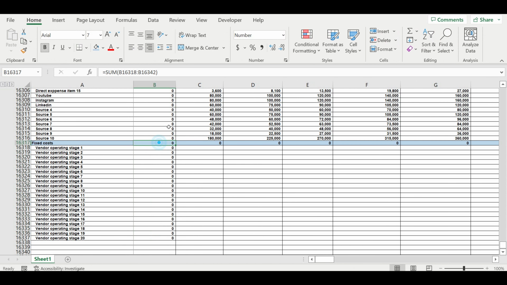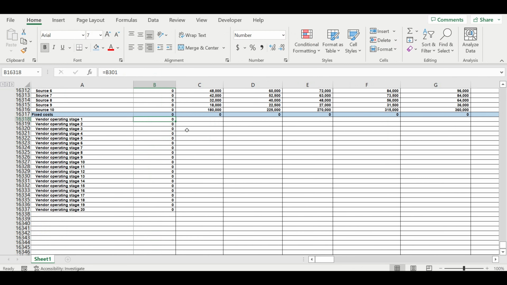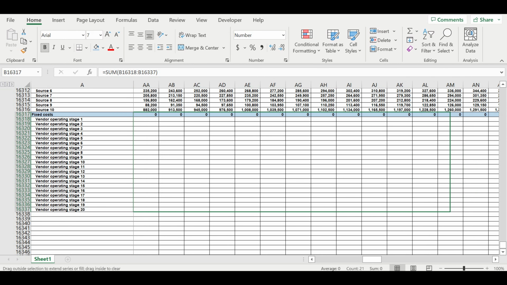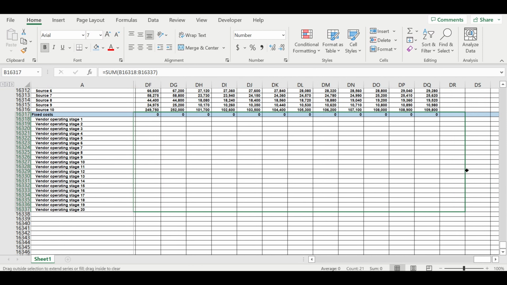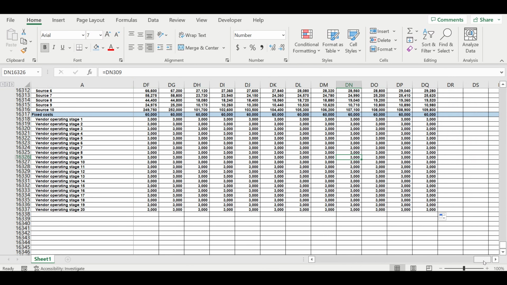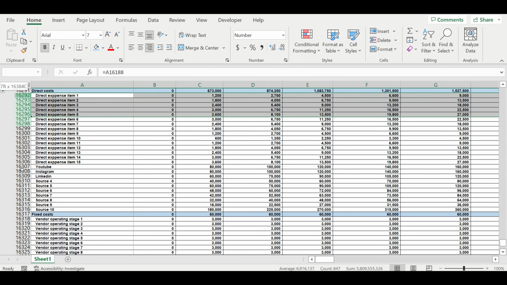Then we are making totals of that. Then we extrapolate this to the whole of our timeline. Let's group direct costs.